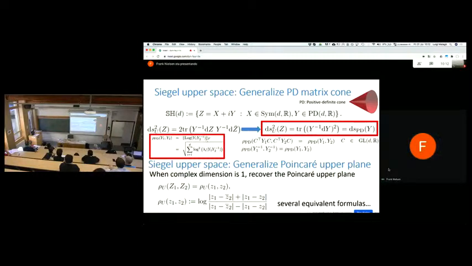So the Siegel upper space geometry generalizes the Riemannian geometry of the positive definite cone. And of course, as I said earlier, it's a matrix generalization of the Poincaré upper plane, because if you choose the dimension of your complex matrix to be 1, you have complex numbers. And if you plug into the formula, you will get something that is equivalent to the hyperbolic Poincaré distance.